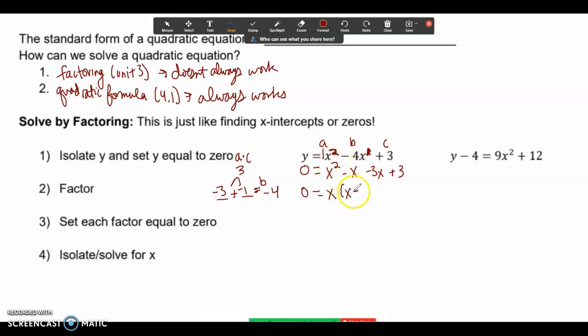So I can pull out an X, I get an X minus 1. I can pull out a -3, I get an X minus 1 as well. So now I have X minus 3, X minus 1, and I can set each of those factors equal to 0. So this is what factoring can look like.